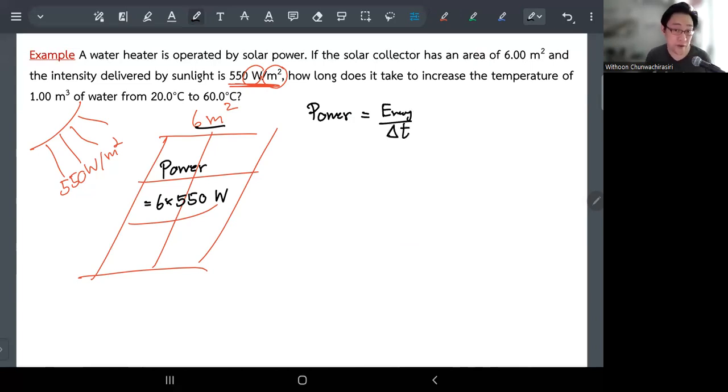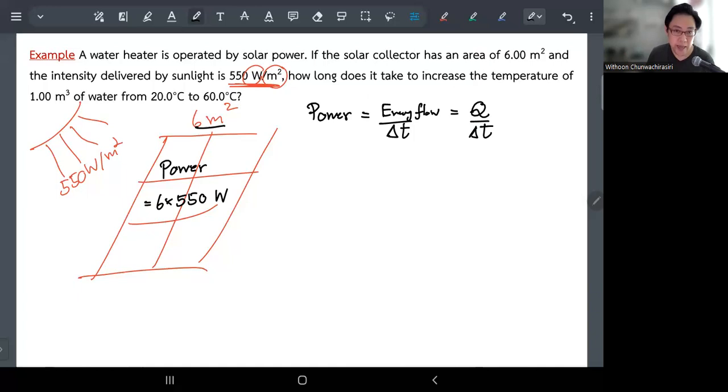And in our case, the energy that we're talking about is the energy flow, or transfer, or whatever. But for us, this is in the sense of heat. We're going to use that energy to warm up the water in our water heater. So that is the same amount of heat that we would like to calculate.